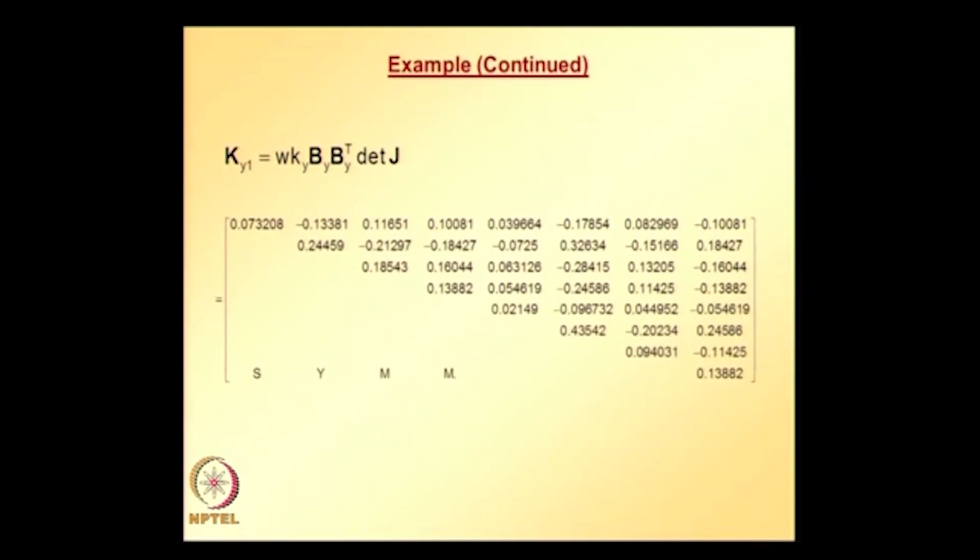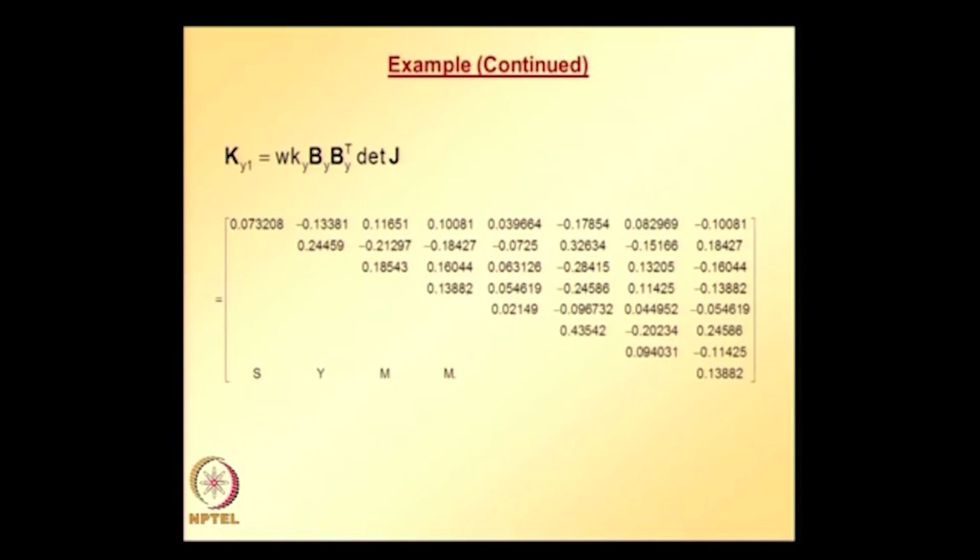A similar operation we need to repeat at the remaining 8 integration points and sum them up to get the total value of matrix ky, from the contribution of all the 9 integration points. So this is how we can evaluate area integrals for the 8 node serendipity element.